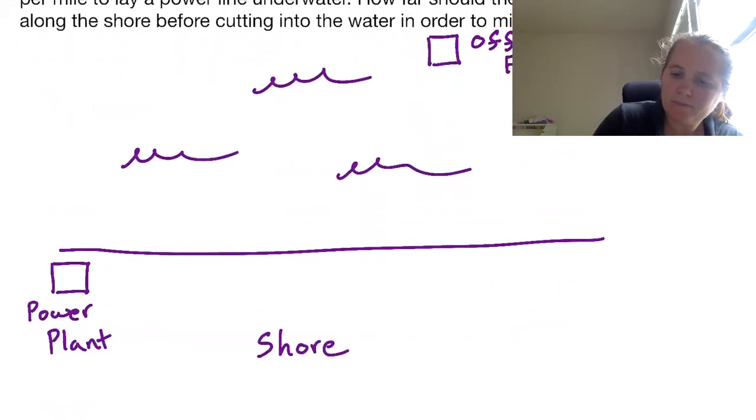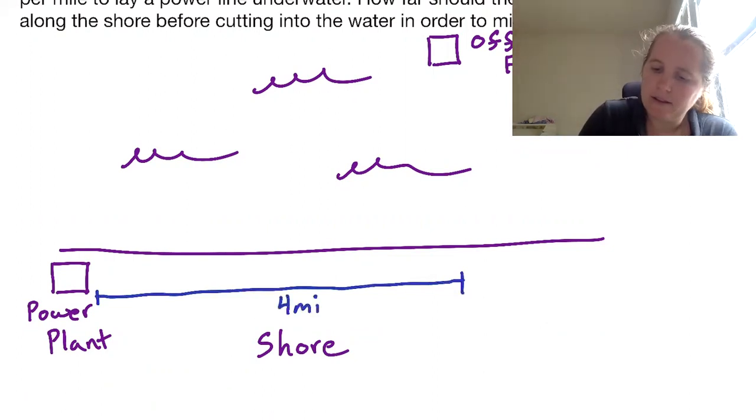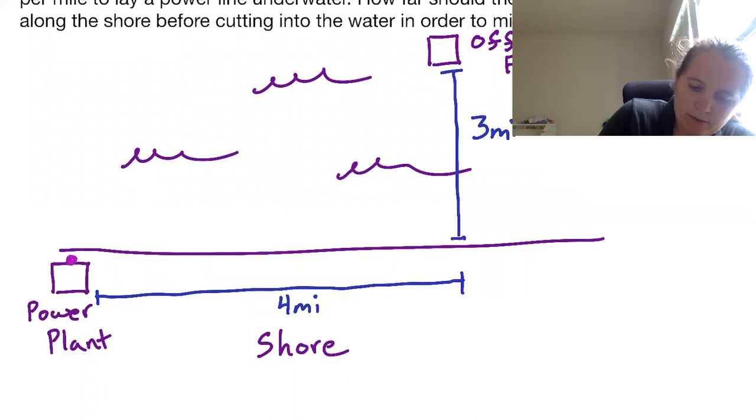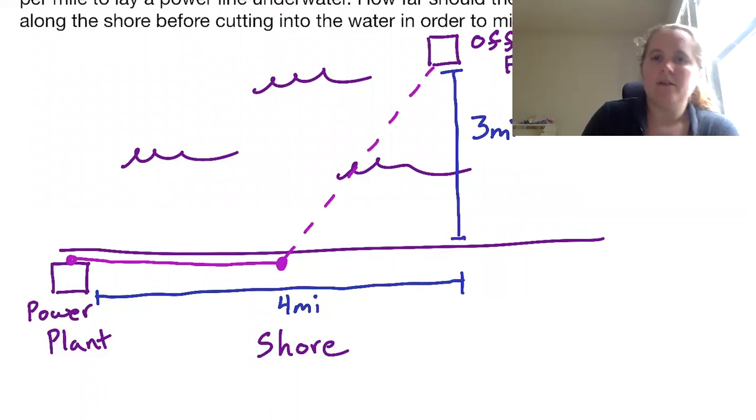We know the distance from the power plant to the offshore facility going along the shore is 4 miles. And then the distance going straight out to sea is 3 miles. And then we're laying our power line so that it runs from the power plant along the shore. And then at some point we stop and turn out to sea, and going underwater, we go this way.